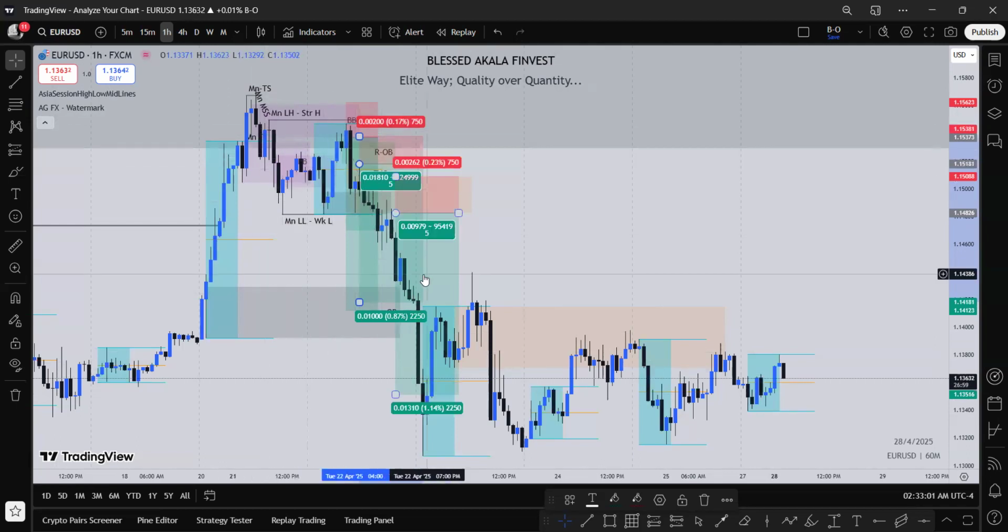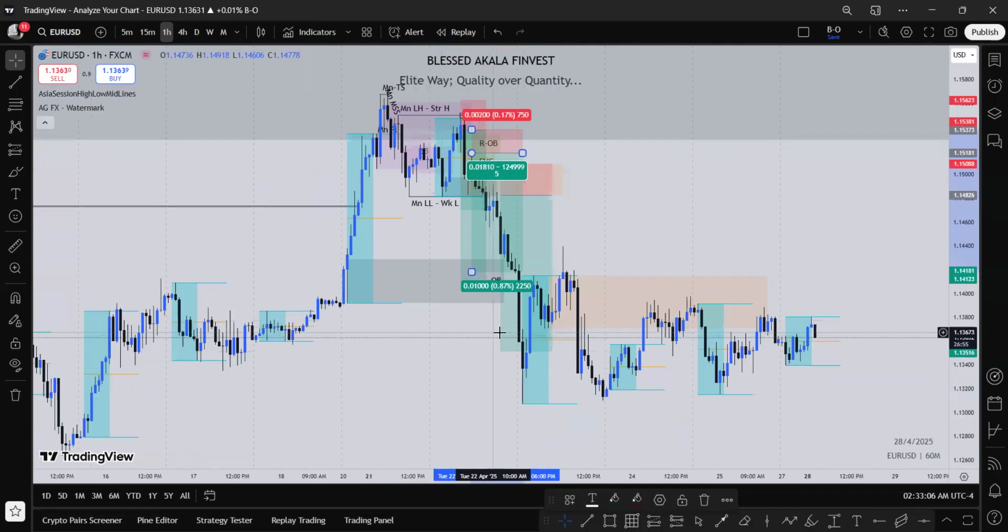We have all these levels being materialized, and all our positions have been fulfilled, and we were able to capitalize on it with two massive 1 to 5s. And that was great.